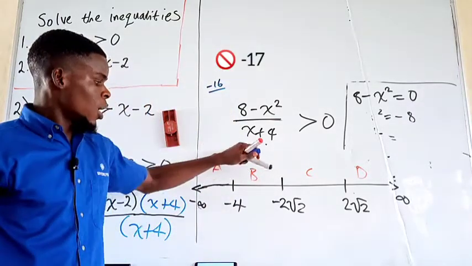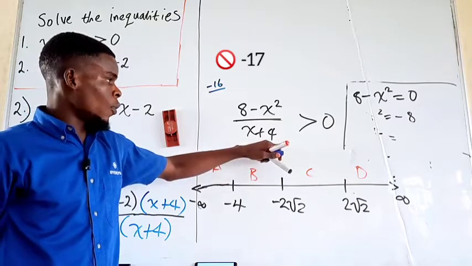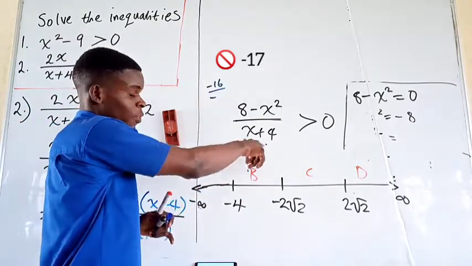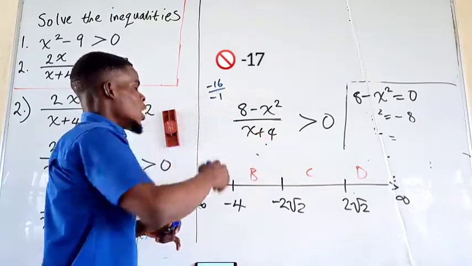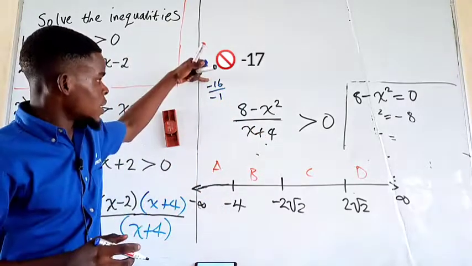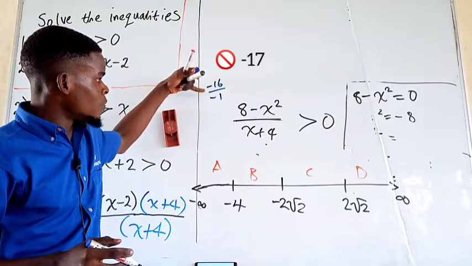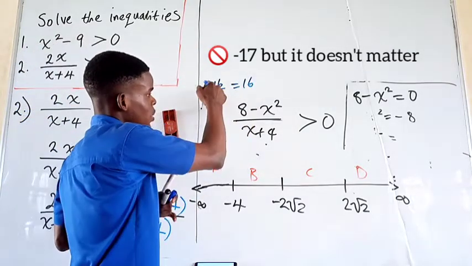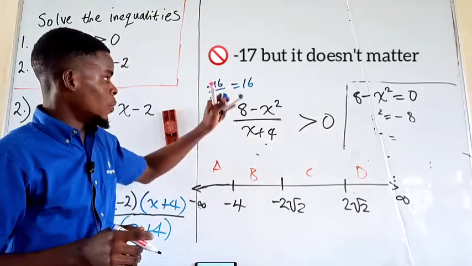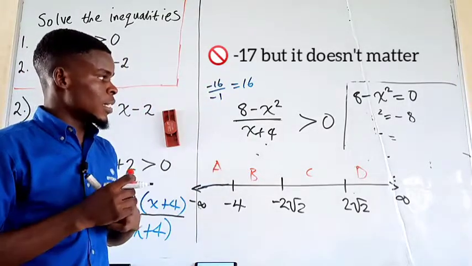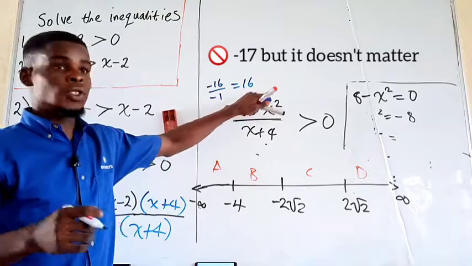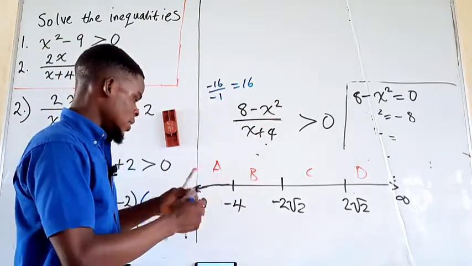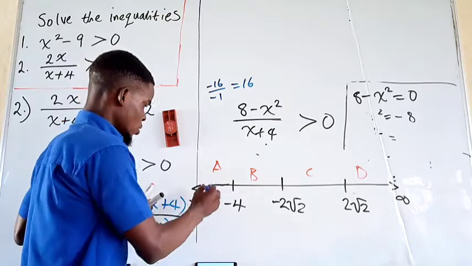On the bottom, -5 plus 4 is -1. -16 divided by -1 is positive 16, because negative and negative cancel. 16 is greater than 0, that means that this interval satisfies what we want.